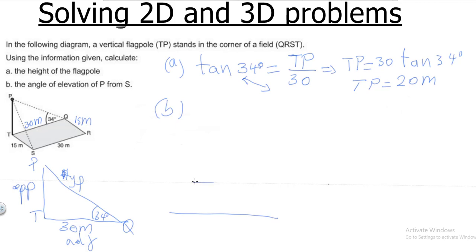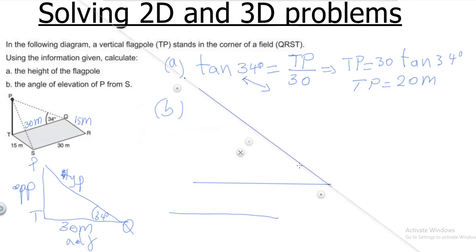For example, this is a line, okay? So what is the angle of elevation? This is the ground, so you raise like this. If we say the angle of 34 or 36 or 37, so we have a line here.